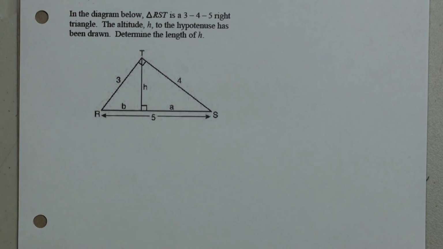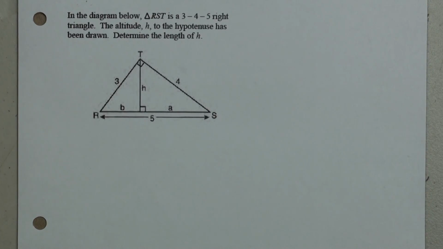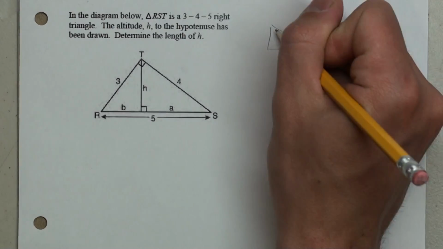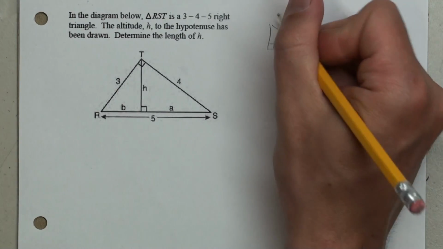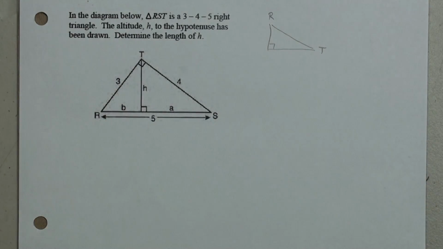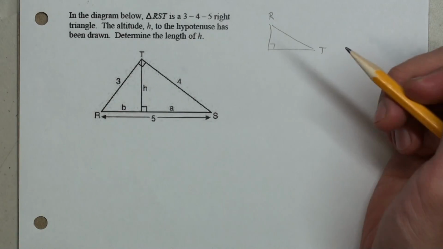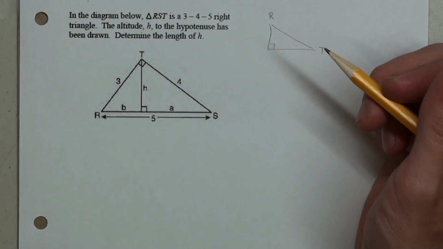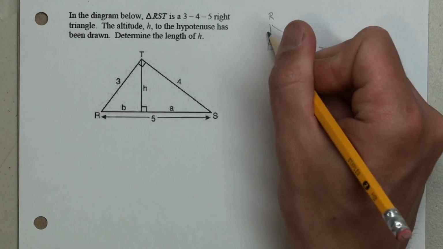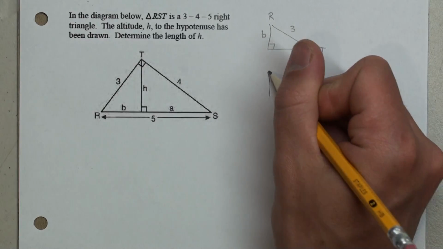3, 4, 5, right triangle. Determine H. So let me take the small triangle, which is R, T, and there's nothing there, so I'm just going to leave it. Now I know that this is 3 and they're calling this B. I'll take the medium triangle.